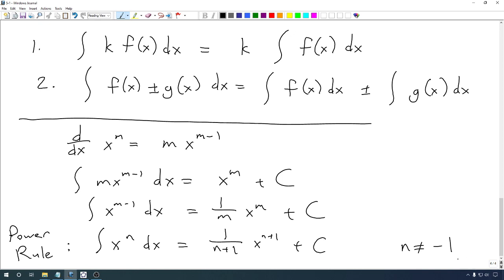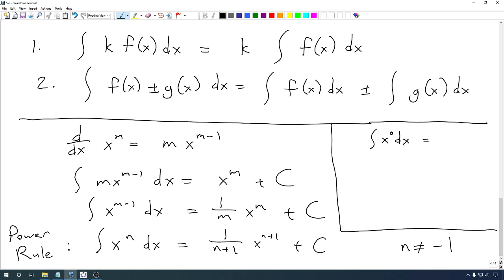Note that the power rule does work even for n equals 0. N equals 0 is a special case. Let's go ahead and put it in here. I don't want to make a new page just for this. But say we want to integrate x to the 0th power. Well, x to the 0th power is 1. This is really just the integral of 1 dx.